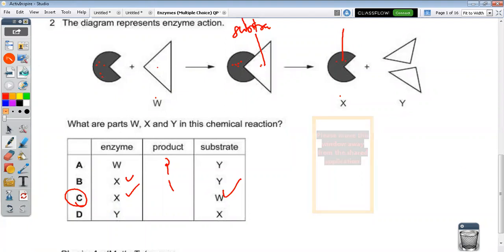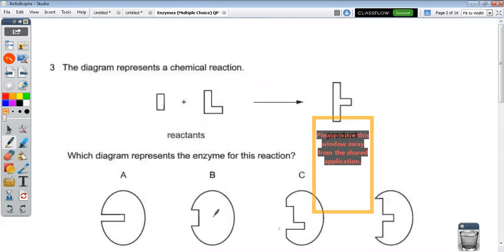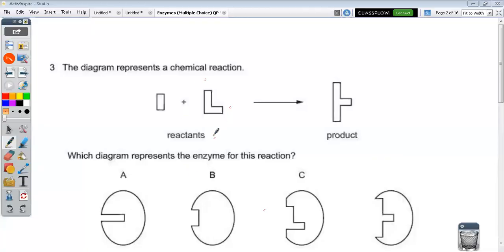Lila? Yes, sir. Now look at this. Again, it's the concept of the lock and key mechanism. So we are saying reactants forming what? Forming this. Let me remove this yellow thing here, I think it might be distracting all of you. Sorry about that. So now think of your lock and key.